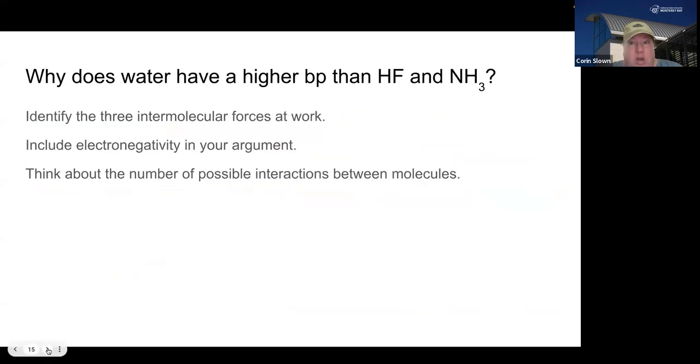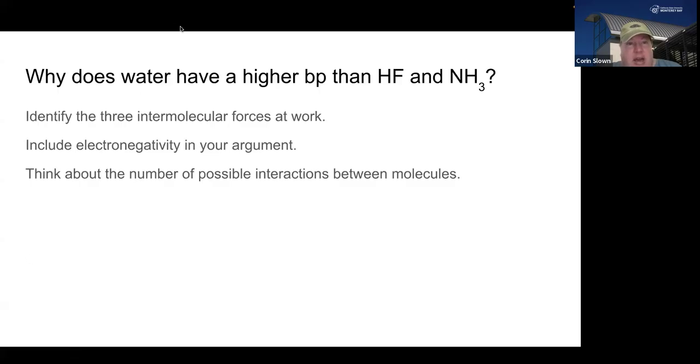Okay, so here's our big wrestling moment. Why does water have a higher boiling point than something like HF or NH3? This is where we're leaving general chemistry behind and starting to think about more nuanced arguments in aqueous chemistry. It'll be helpful for you to draw the Lewis structures for water, for HF, and for NH3.